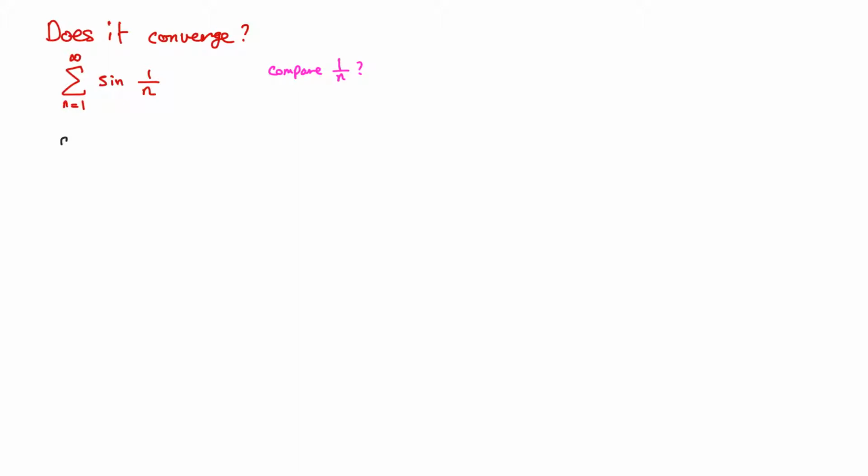I am going to let sequence A equal sine 1 over n and sequence B equal 1 over n. I know that series B diverges by the P series test since P is equal to 1, which is smaller or equal to 1.